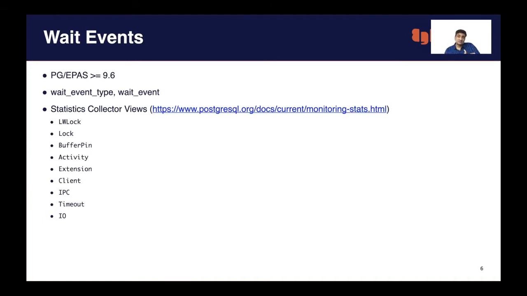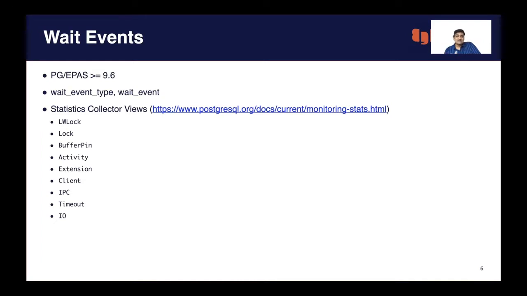It is waiting for certain operations to happen, interprocess communication, or it is waiting for your clients to write the data or to read the data. Just take an example: if you're looking at COPY FROM or COPY TO, it might be waiting for that data to come from the client itself. Those are the things that affect your query performance, and that needs to be analyzed.